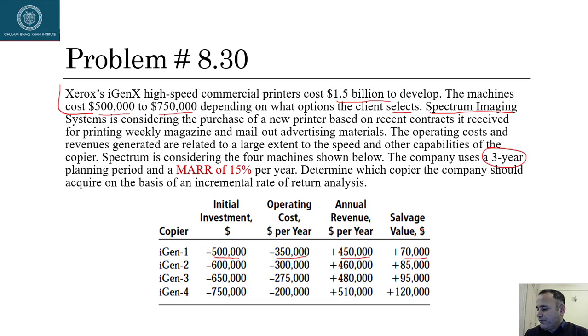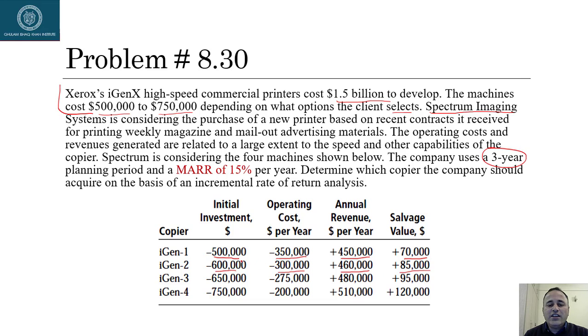Similarly, for iGen 2, the initial investment is $600,000, operating cost is $300,000, and annual revenue is $460,000. Salvage value is $85,000.